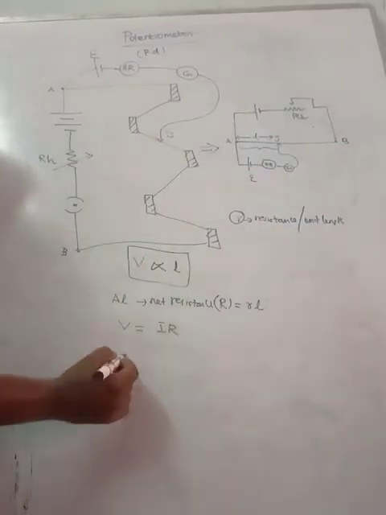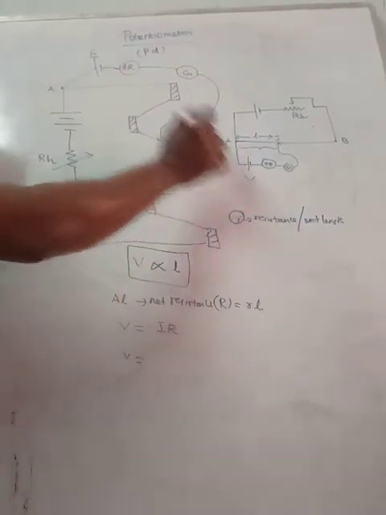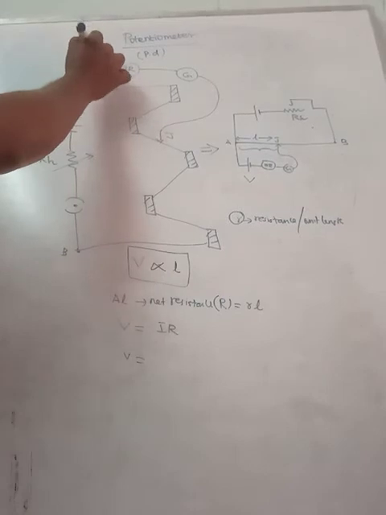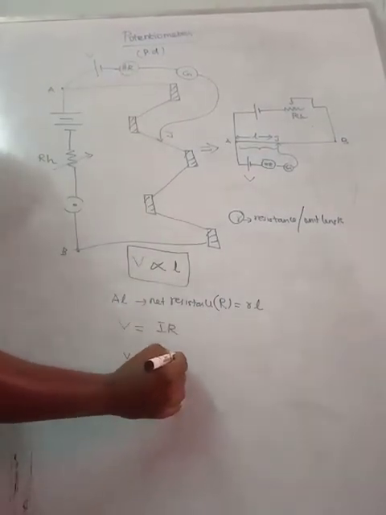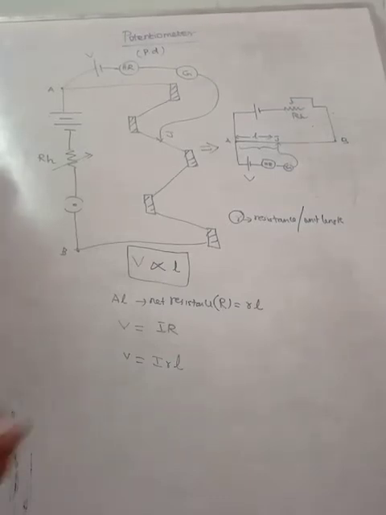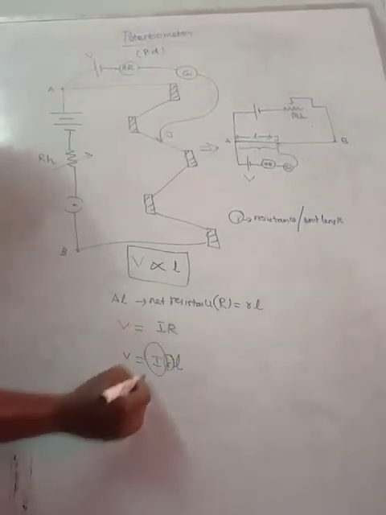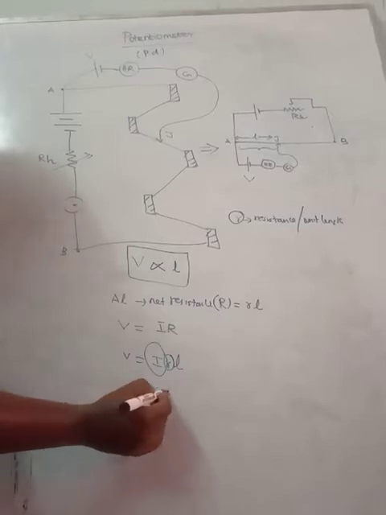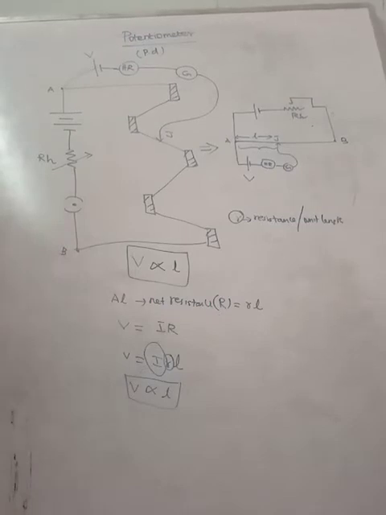Here we take this potential difference as V. So V is equal to I into, instead of R, I can write r into L. Here I is constant, the small r is also constant. So the variable is only the balancing length. So I can write V directly proportional to the balancing length. Understand?